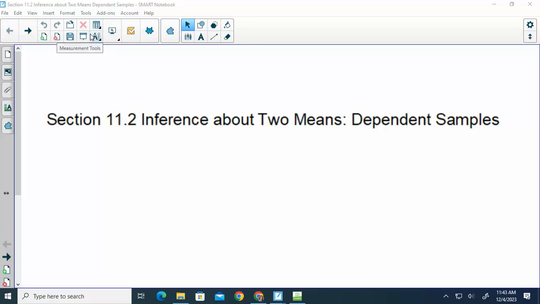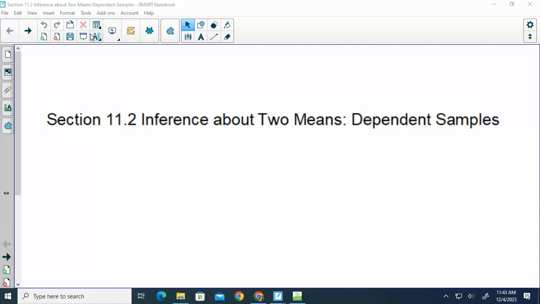So we have been talking about hypothesis testing. And we've done hypothesis testing for a couple different things at this point. We've done it for the mean and for the proportion, right? And it was essentially the same thing. We have to set up the null and alternative hypothesis.